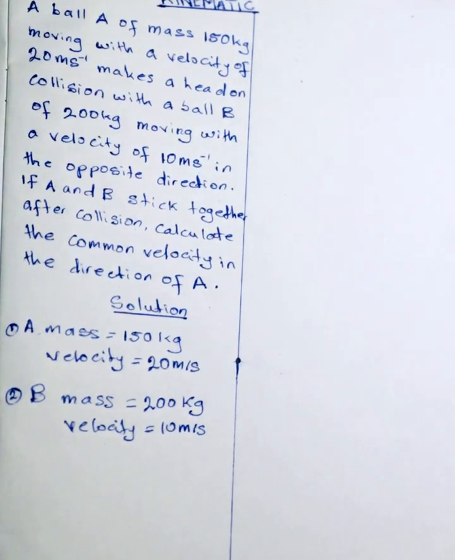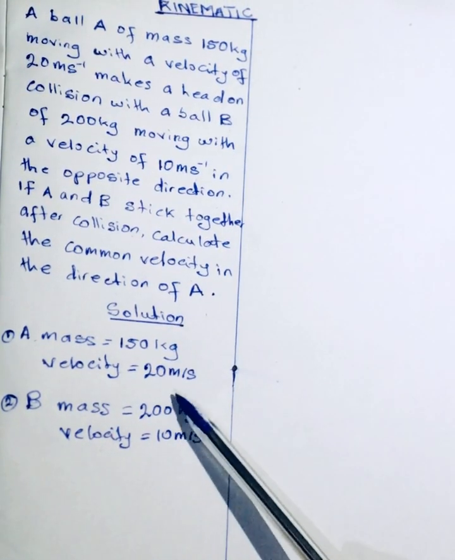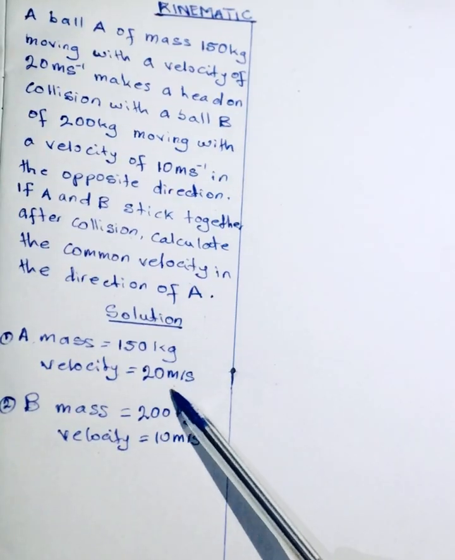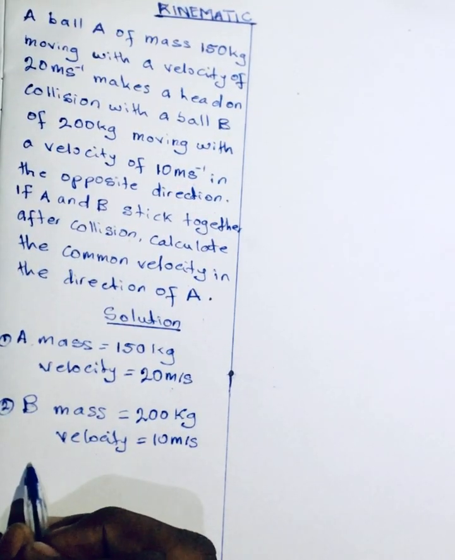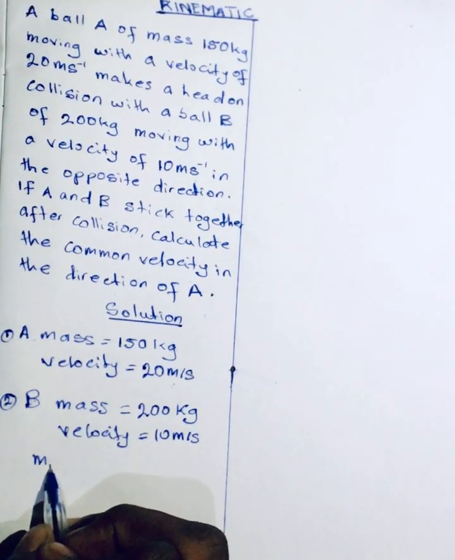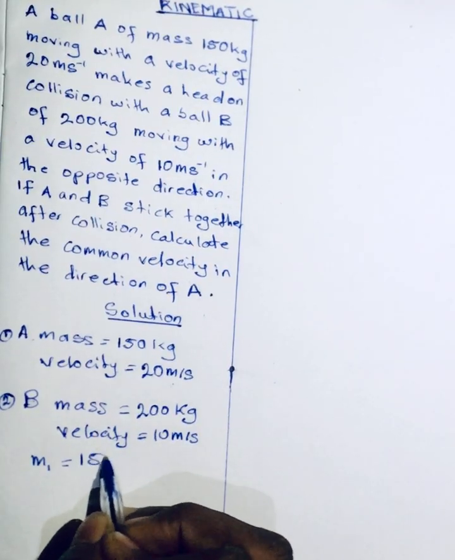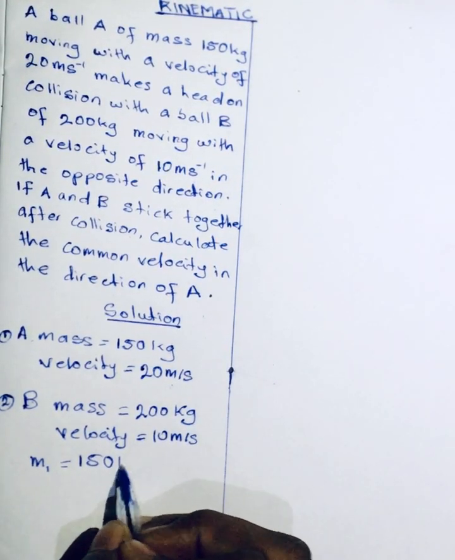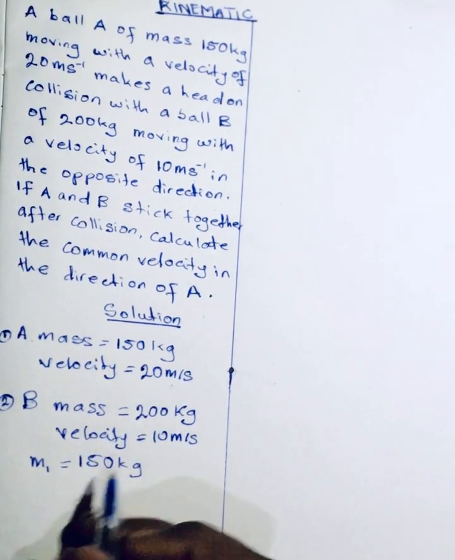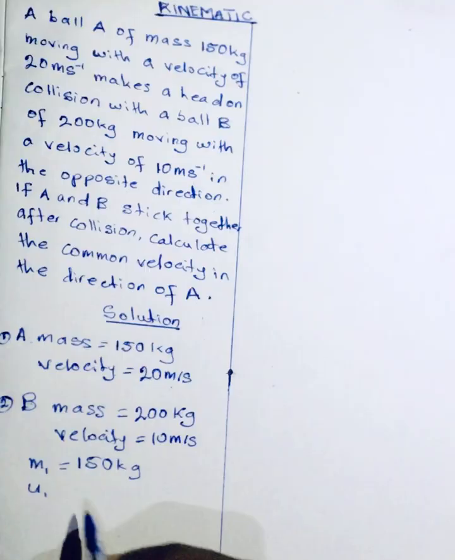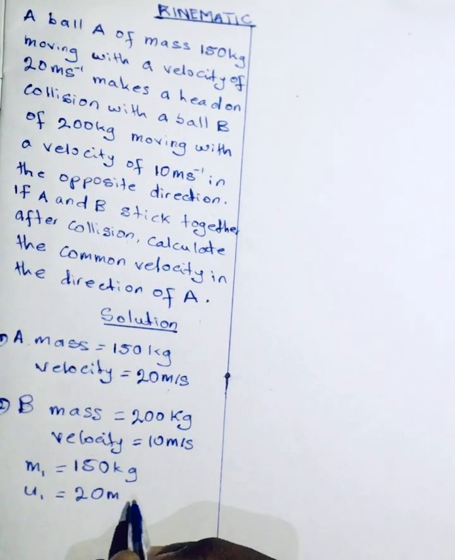So in this case, let's say the body A, whose mass will be denoted as M1, is equal to 150 kilogram, and the initial velocity is U1, which is 20 meters per second.